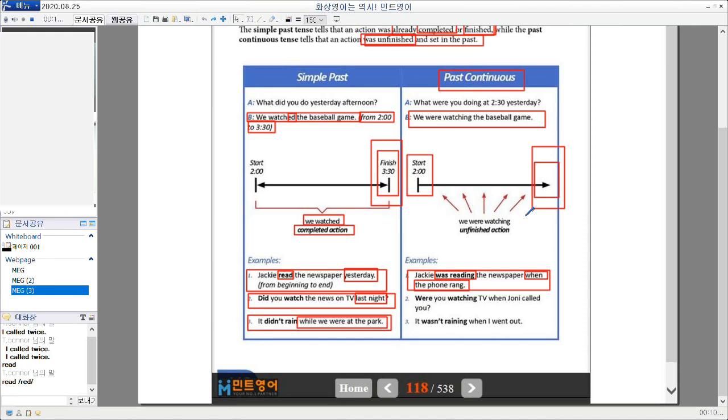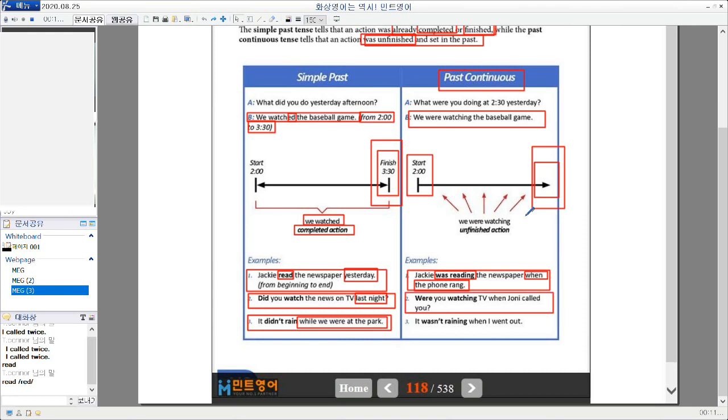Why? Why didn't you finish reading? Because when the phone rang. There you go. You did not finish reading because someone called, right?